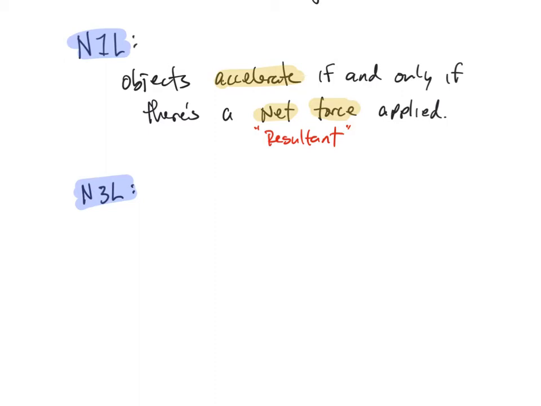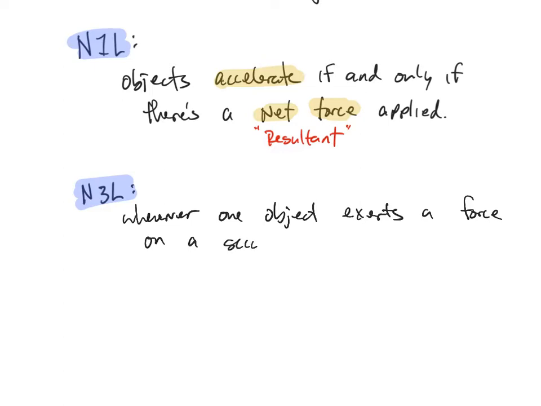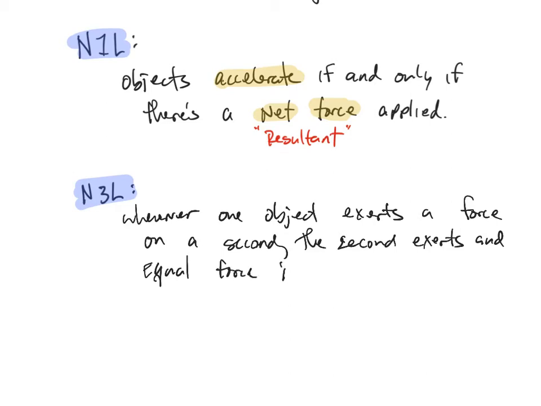I'm going to try to be a little more precise, and I'll say that whenever one object exerts a force on a second, the second exerts an equal force back on the first.